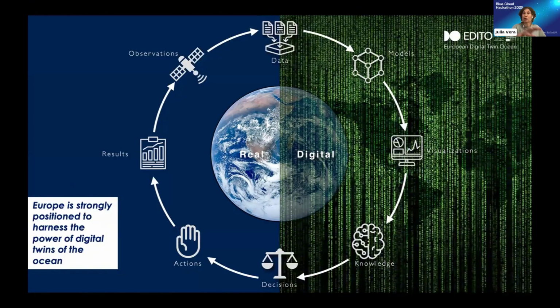We have a strong ocean observing system that gathers millions of satellite and in situ ocean observations. We also have very good operational services, marine data services like Copernicus Marine, like EMODNet, which make much of the data that is derived from these observations publicly available to all, to advance research and innovation.